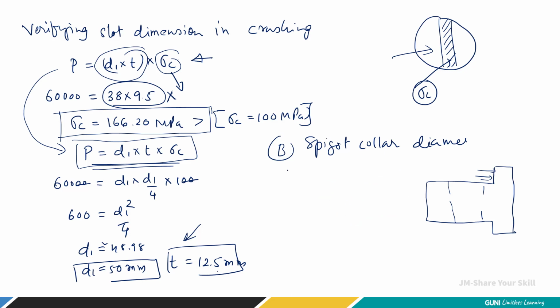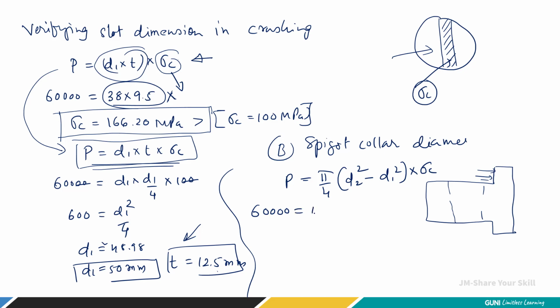Load P is equal to pi by 4 into the outside diameter, called collar diameter D2, and inside diameter, called spigot diameter, into compressive stress. The load given is 60,000. So pi by 4 into d2 square minus d1 square, where d1 is already found out, it is 50. So 50 square, and the permissible stress given is 100.